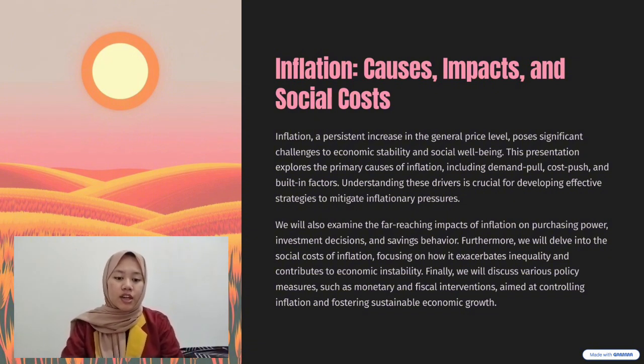We will also examine the far-reaching impact of inflation on purchasing power, investment decisions, and saving behavior. Furthermore, we will delve into the social cost of inflation, focusing on how it exacerbates inequality and contributes to economic instability.